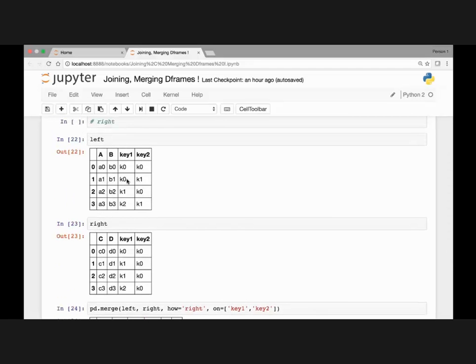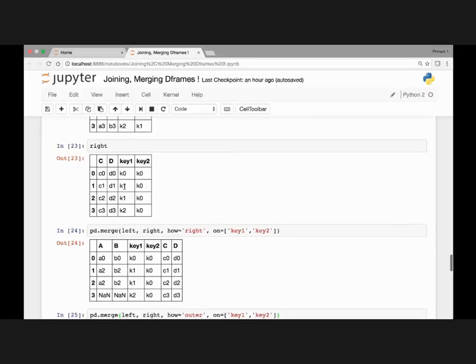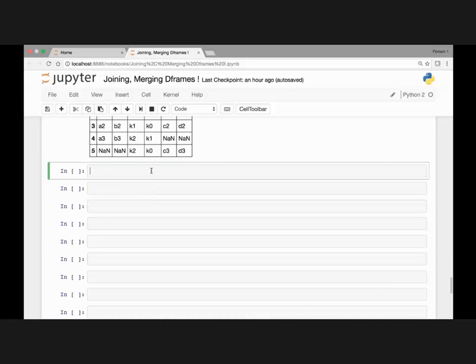Yes. So that will be considered. What else? Do we have K0 and K1? No. Do we have K1 and K0? Yes, we have K1 and K0. And it looks like those are the only key combinations that are present in both data frames. So our merged data frame will have 3 rows, right? 1 for K0 and K0, and 2 more for K1 and K0. Okay, let's look at that.